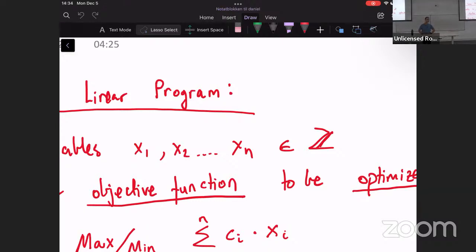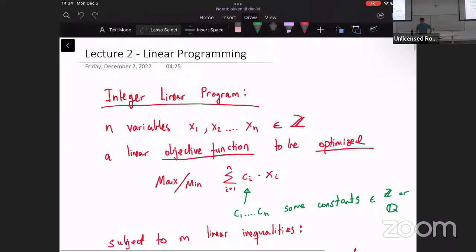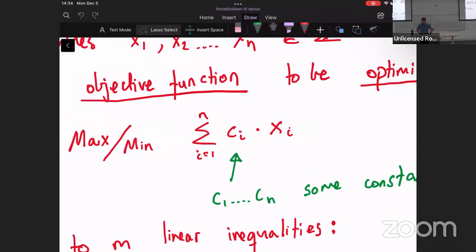Now you need to know something more, right? Subject to what are you trying to do? Suppose I also give you integers c1 through cn. Your job is to either maximize or minimize c1 times x1 plus c2 times x2, etc.